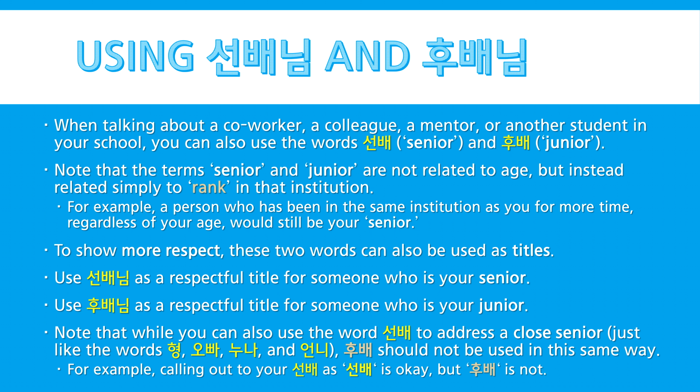For example, a person who's been in the same institution as you for more time, regardless of your age, would still be your senior. So, to show more respect, these two words can also be used as titles when referring to those people. So you can use 선배님 as a respectful title for someone who's your senior, or 후배님 as a respectful title for someone who's your junior.